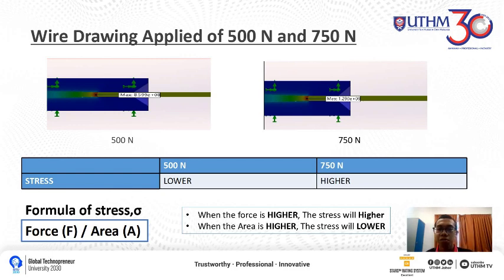So this means 500 Newton has lower stress than 750 Newton. This is because according to the formula of stress, stress equals force divided by area. So when the force is higher, the stress is also higher. When the area is higher, the stress is lower. So in this case, the force is higher and the stress will become higher too.